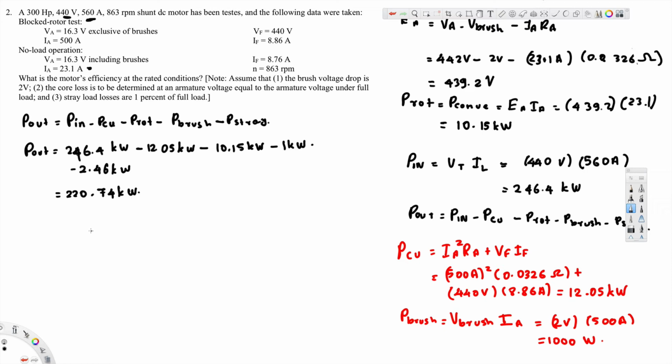Now the next thing is we are going to calculate the motor's efficiency at full load. That is eta is equal to P out divided by P in times 100%.